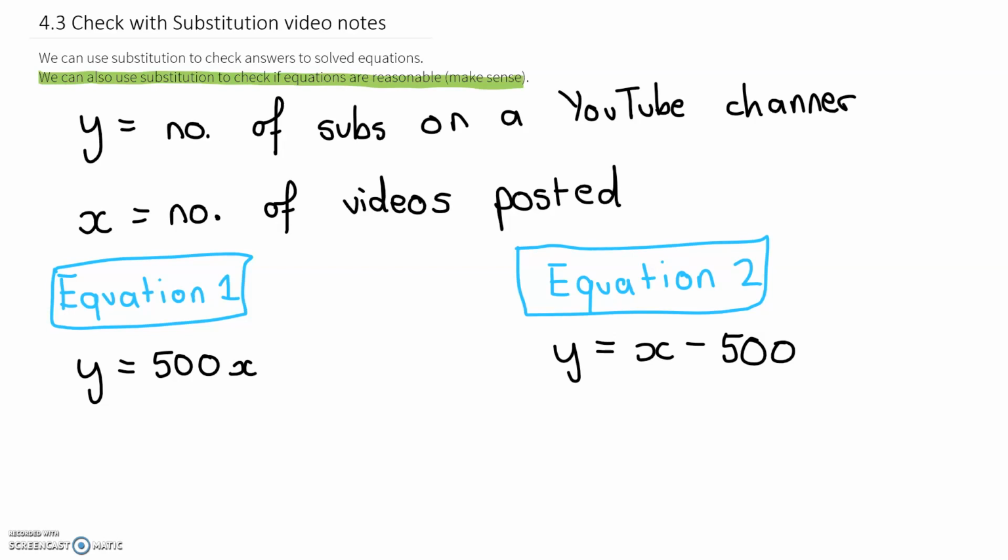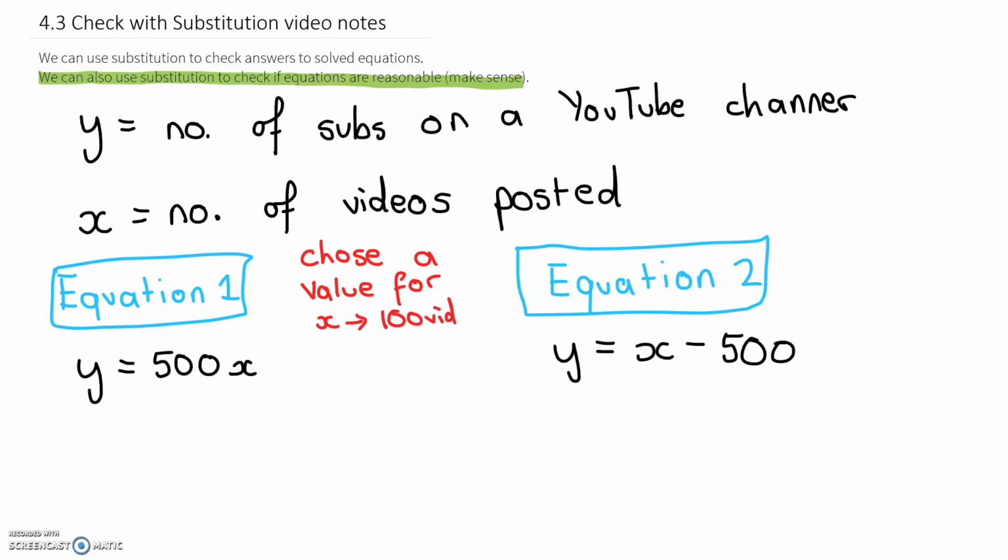In this case, and when we're testing any equation, we want to choose a value to substitute. And we want to choose something that's kind of within the realm of possibilities. So let's choose a value for x to test these equations with. And I'm going to say in this case that it's going to be 100 videos.